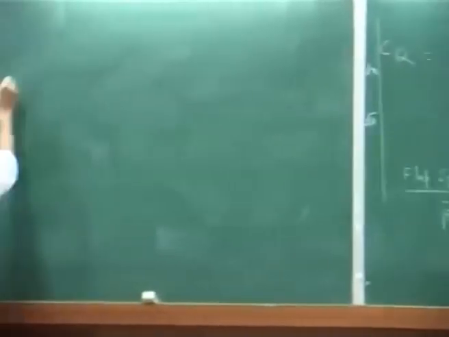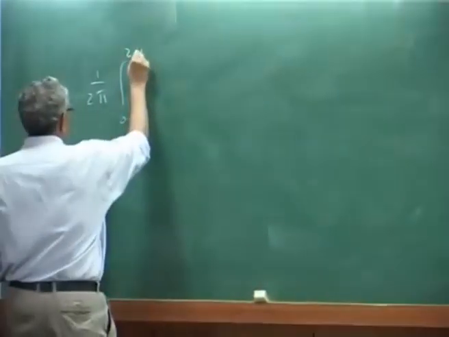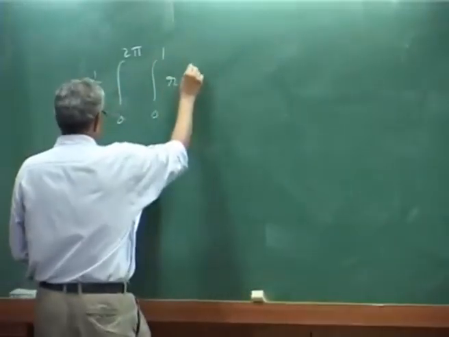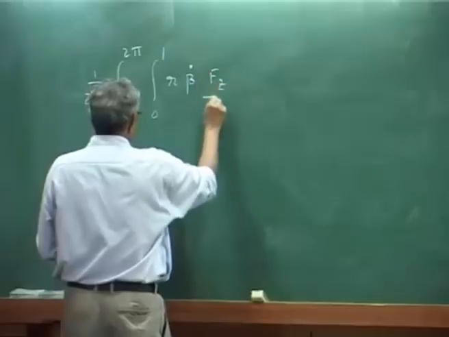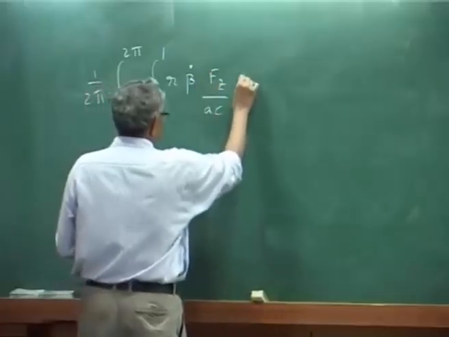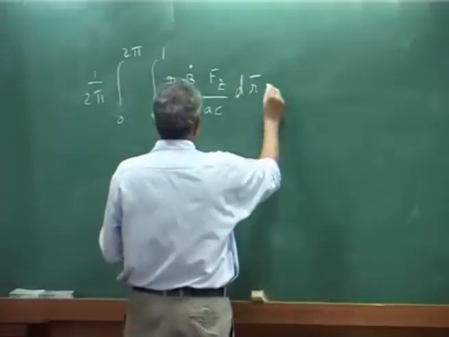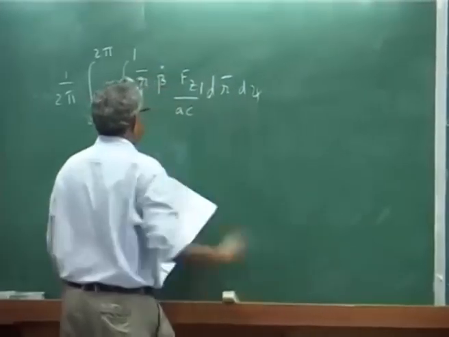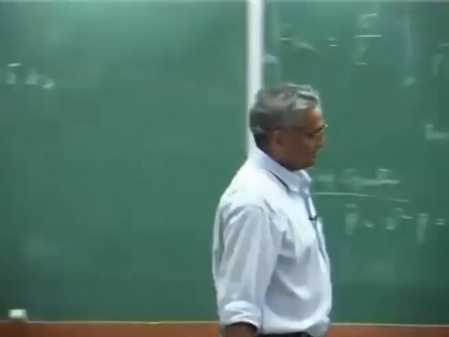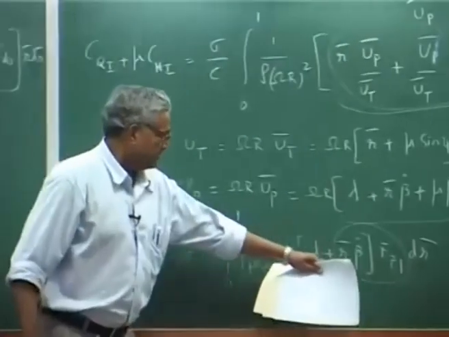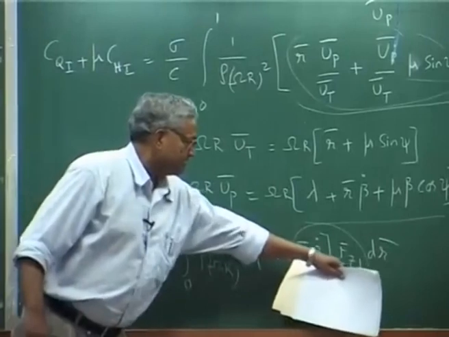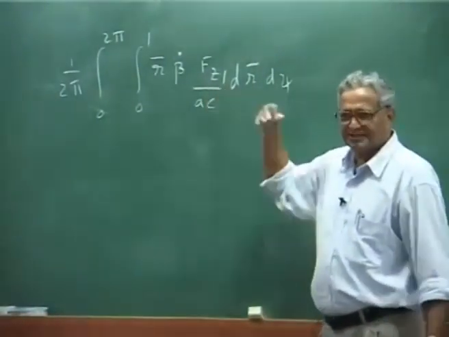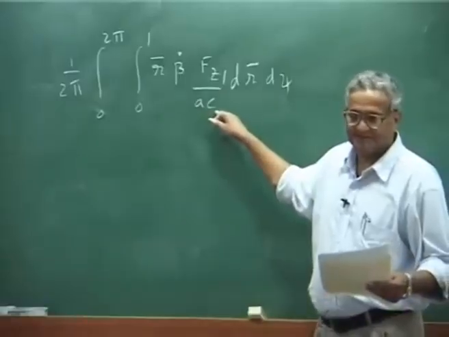I am writing this: I am taking the average, integral 0 to 1 r beta dot f z over a c dr bar d psi. This is what I need, r bar beta dot f z dr, and a c is there because when you take the non-dimensional form that factor will come.